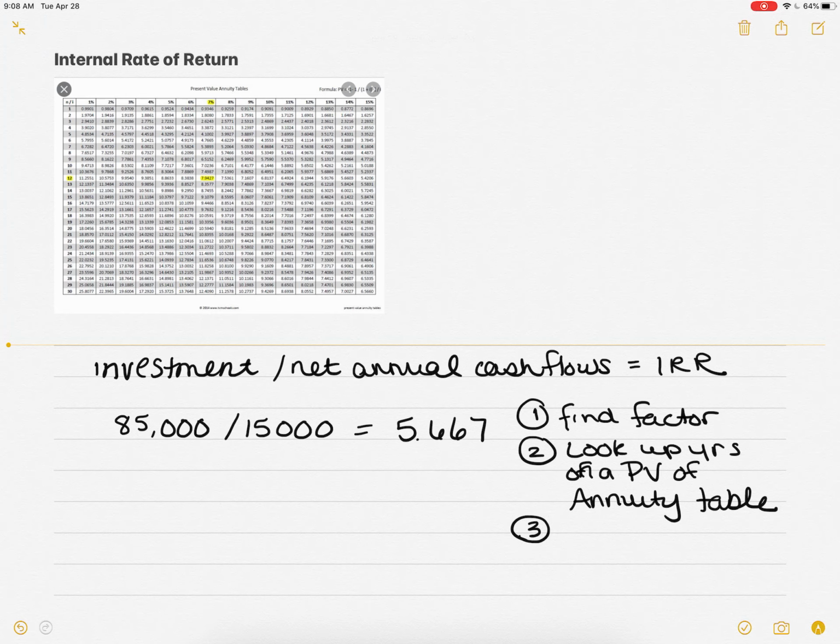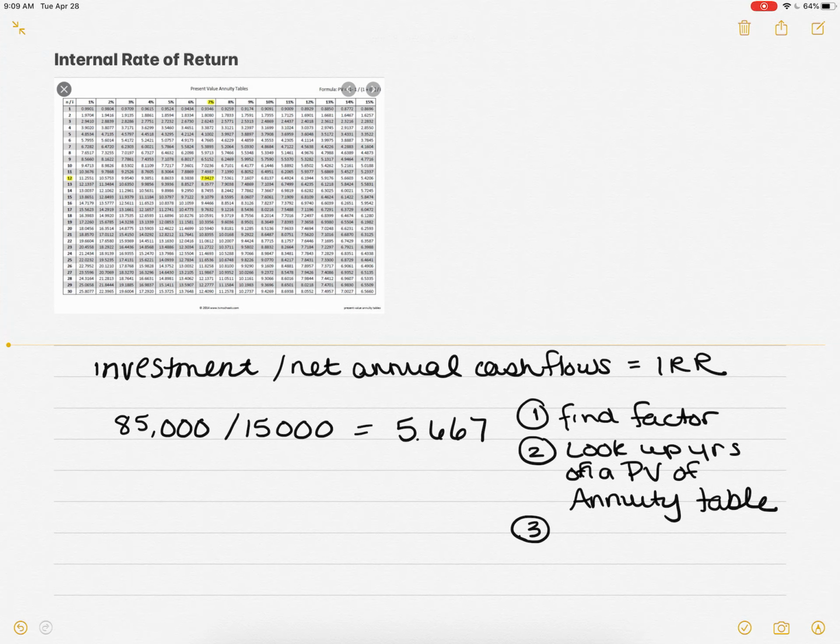Then once we find that number of years, here it's 4, I'm going to just scroll across that column until I find a number that is, oh, it's not 4, is it? No, it's 10. So, looking at the wrong problem.